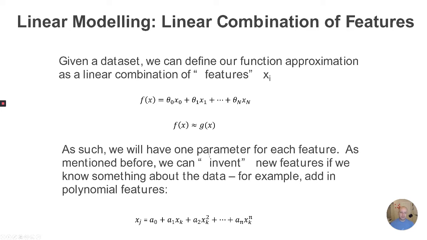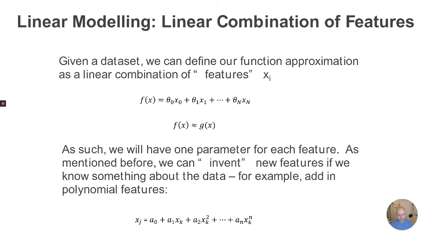But you can also imagine that we could invent new features. For example, one is a combination of polynomial features, as shown below. We can define a particular x of j, which is equivalent to a0 plus a1 of that feature x, and so on. We can define these new kinds of features as well.